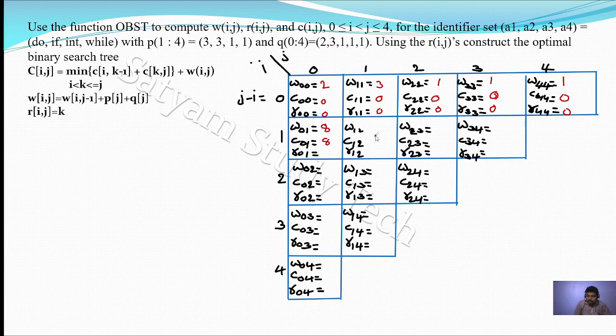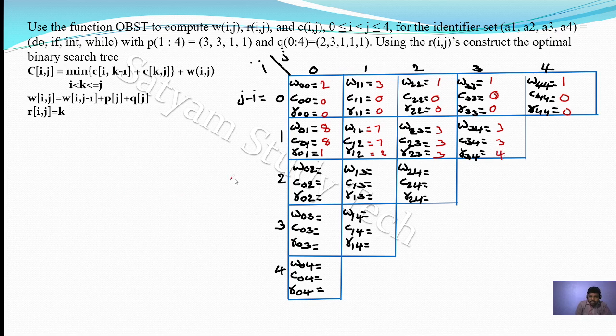Here w of 1 2 is 7, already calculated as 7, and the k value is 1. Here w of 2 3 value is 3, and the k value is also 3. Here C of 3 4 is 3, and the k value is 4.